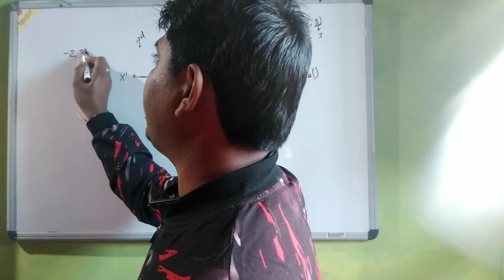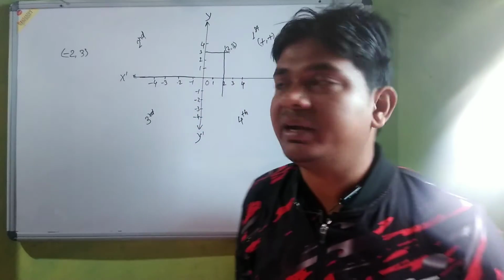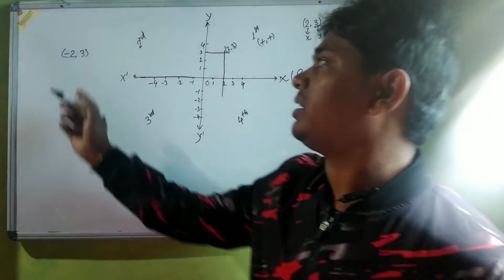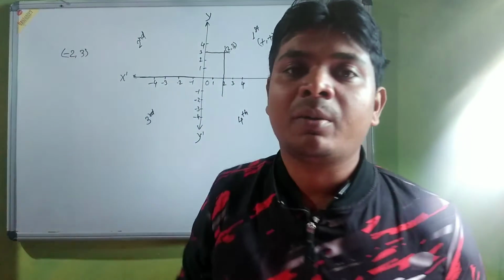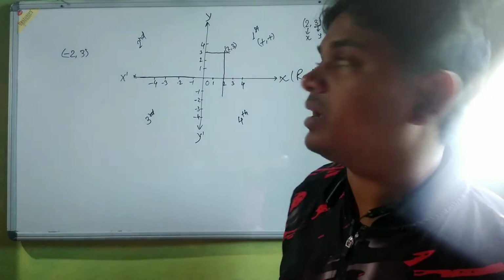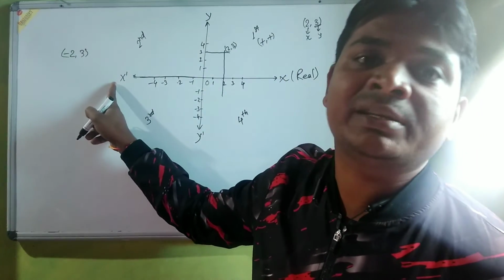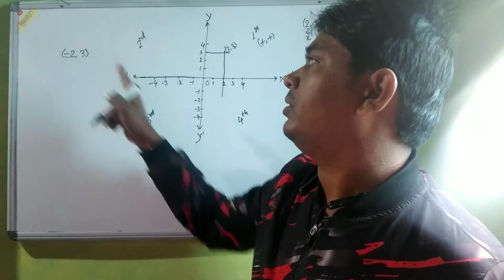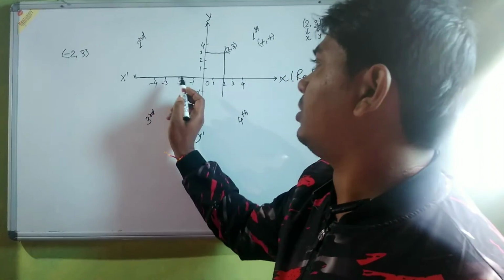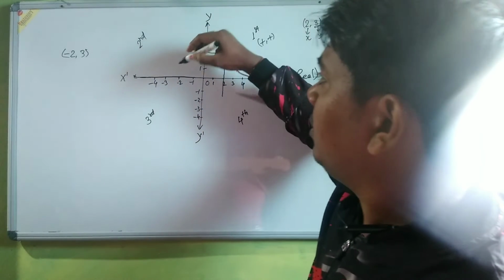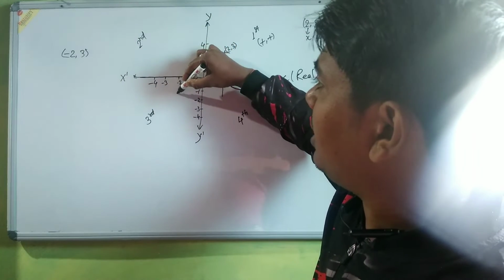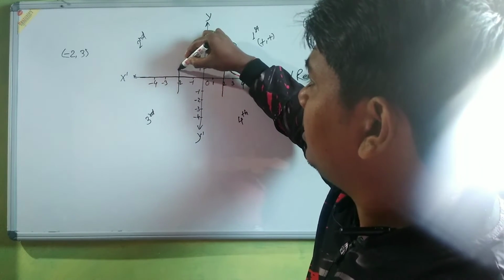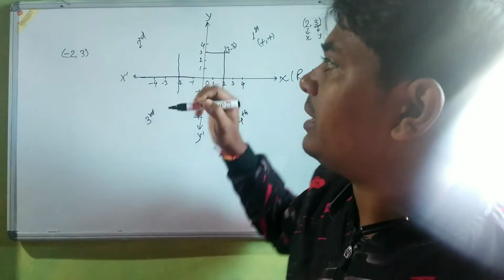-2 and 3, that is a point. This is the coordinate (-2, 3). What about x? We have -2. Where do we have to take x = -2? On the imaginary line x dash, that is the negative value of x. From here we are free to go upward or downward. Let's check where it intersects.